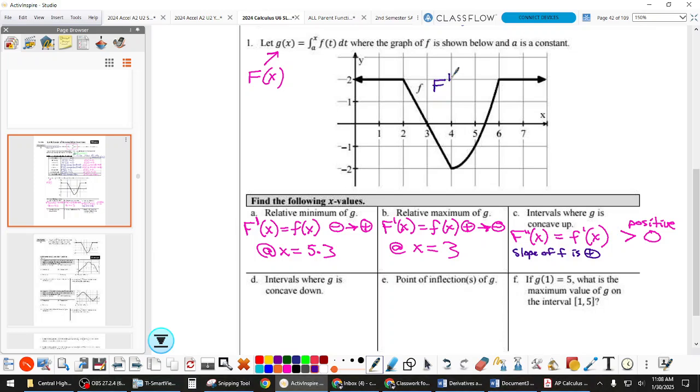I didn't even see that f. So now we know that for F, if this is F prime, then we need to look where F double prime is positive at that point. Does that make sense? The slope of the slope graph. Yeah. Okay. So that interval looks like 4 to 5.3. No, sorry. 4 to 6, yeah.